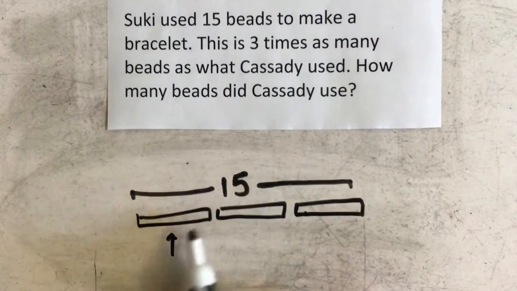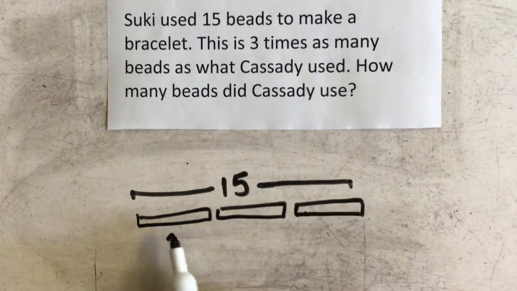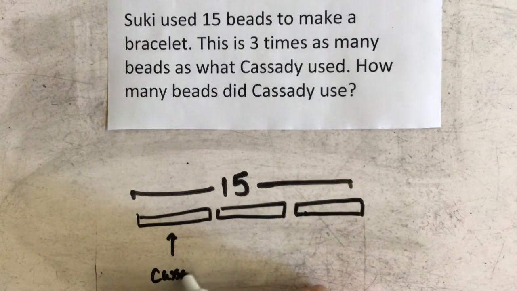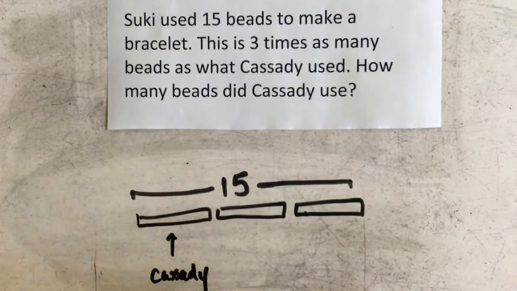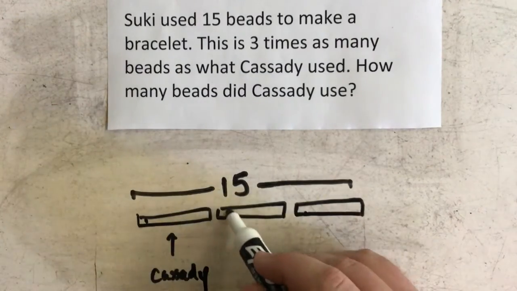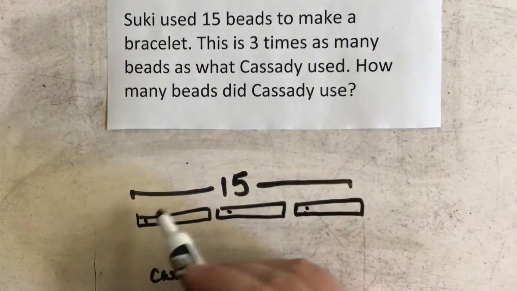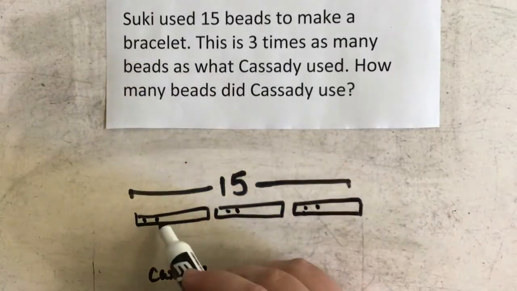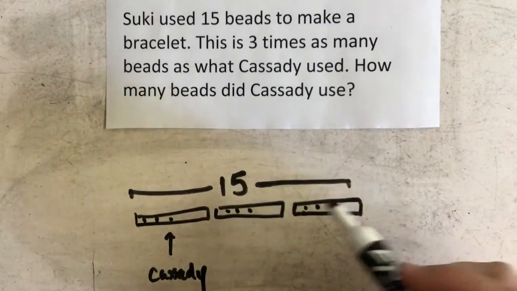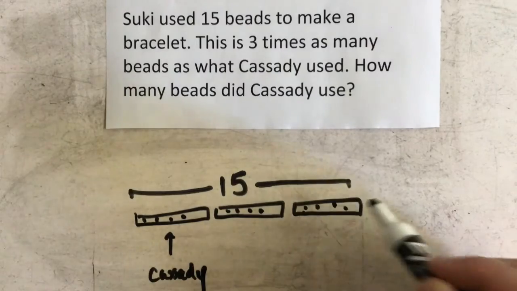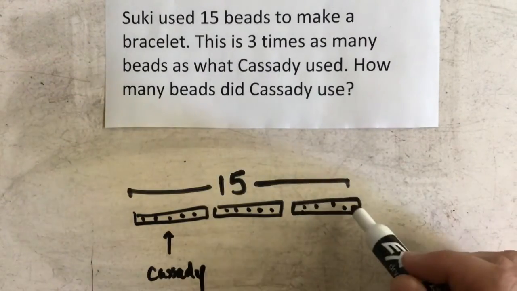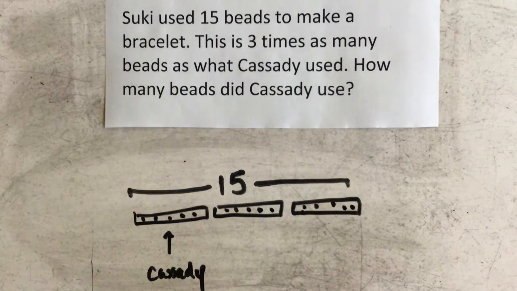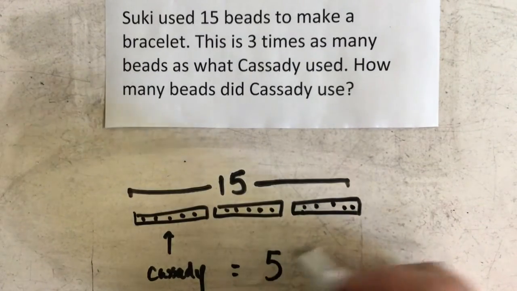So if Suki used 15 beads, we're going to distribute 15 beads into even groups to find out how many beads that Cassidy used. So I would start with 1, 2, 3, 4, 5, 6, 7, 8, 9, 10, 11, 12, 13, 14, 15. And then when I look at just one of those models, I see that Cassidy only used 5 beads.